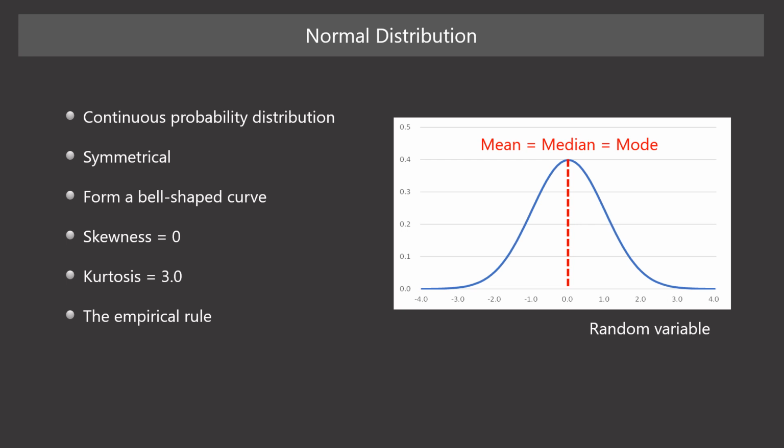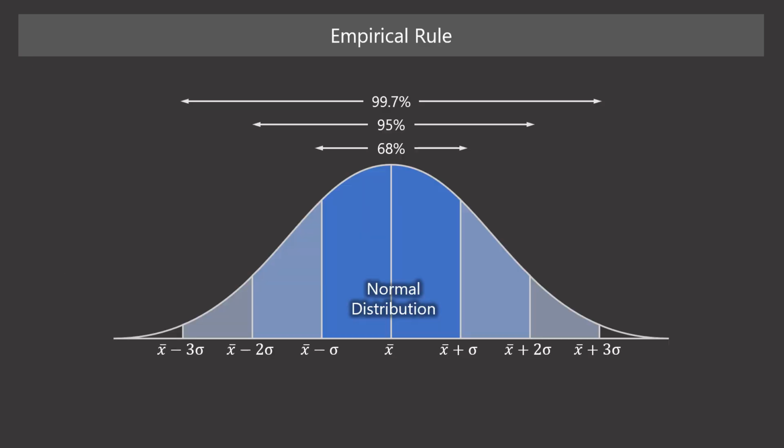Another notable characteristic of a normal distribution is the empirical rule. The empirical rule can be applied to a dataset with a normal distribution.